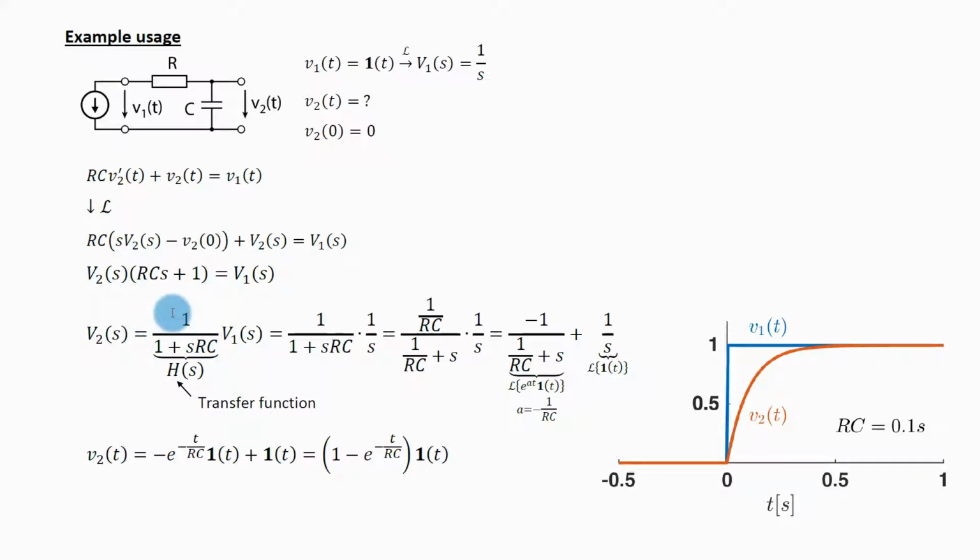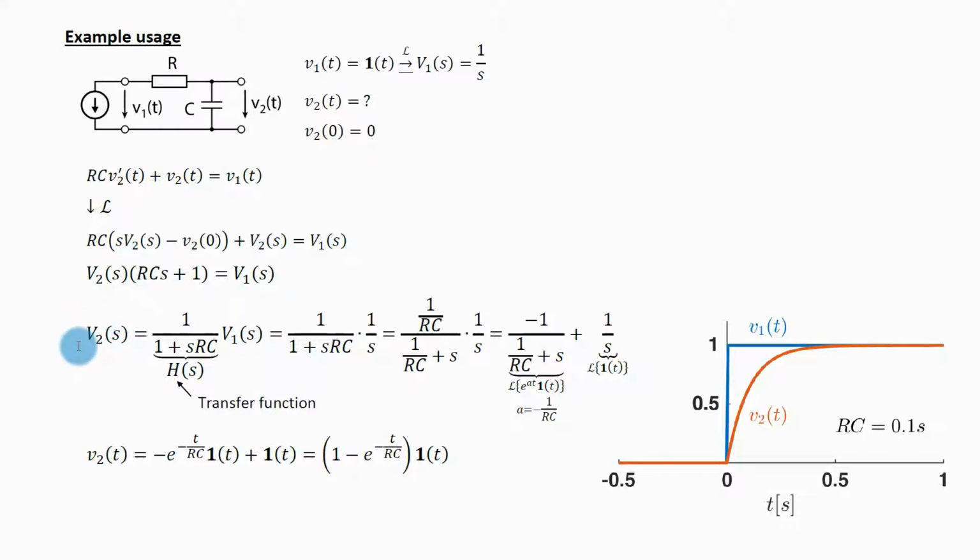When I'm using the Laplace transform, this function is called the transfer function. The transfer function is the function with which I multiply the Laplace image of the input signal to get the Laplace image of the output signal.